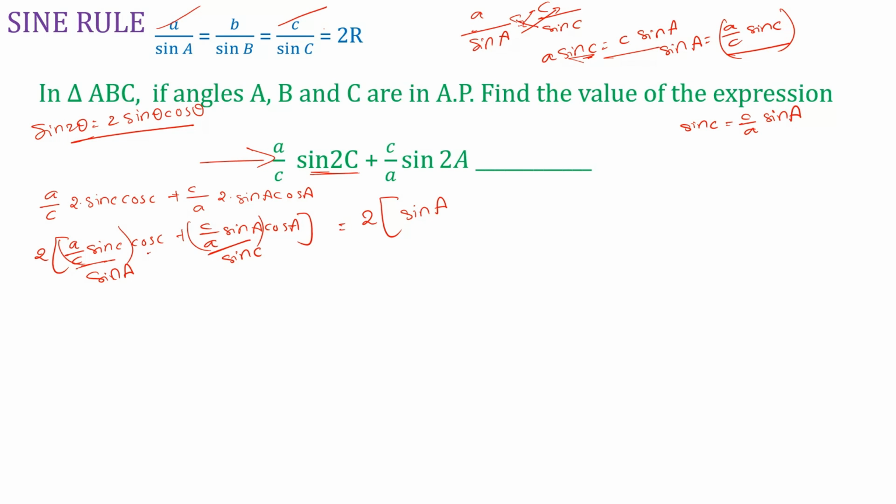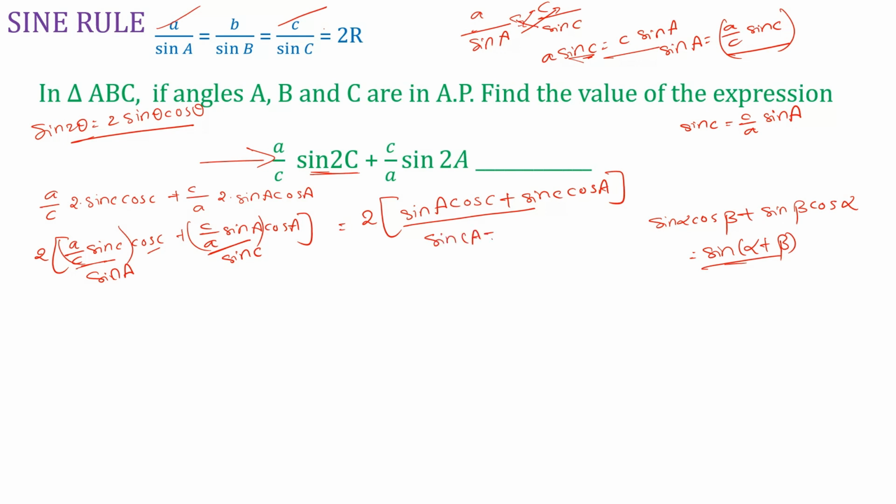So sine A into cos C plus sine C into cos A. This is something like sine alpha cos beta plus sine beta cos alpha, which can be written as sine of alpha plus beta. Using this formula, we can write this as sine of A plus C. We have 2 here.